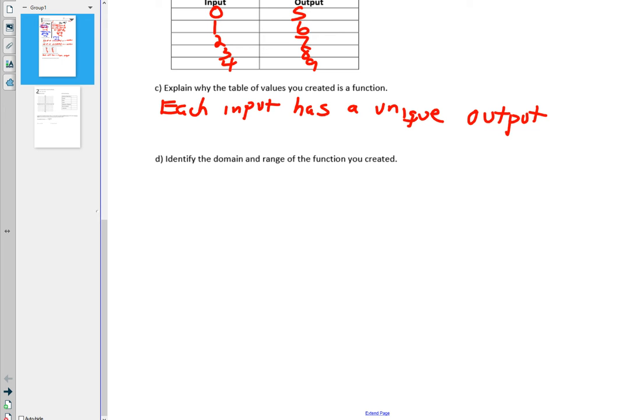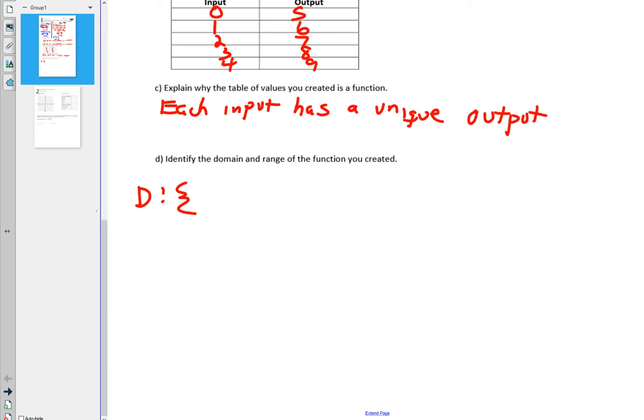Identify the domain and range of the function you created. Okay, so here we go. I created this. Now, is this function discrete or continuous? Yeah, discrete. If it's just points, it's discrete. It's continuous when you see it written as an equation, where it would all connect.